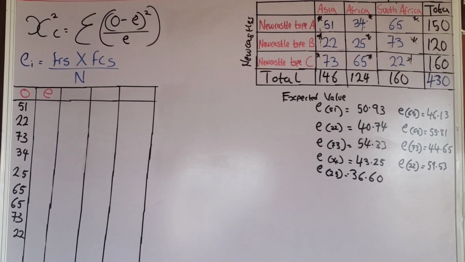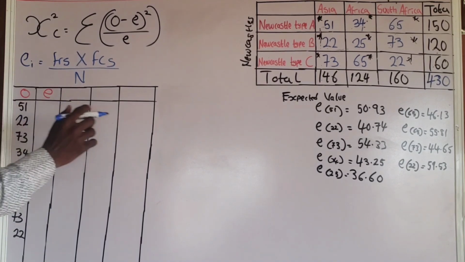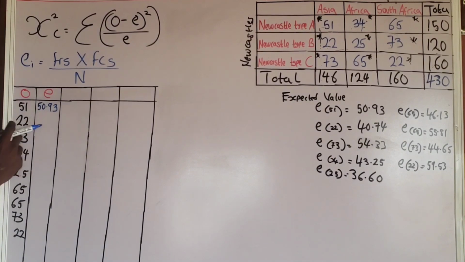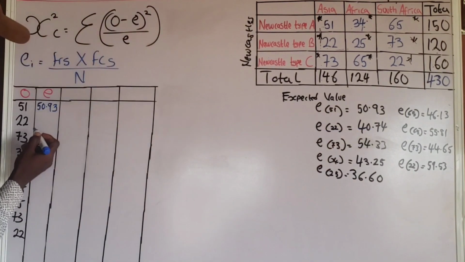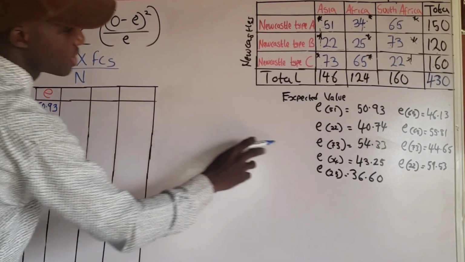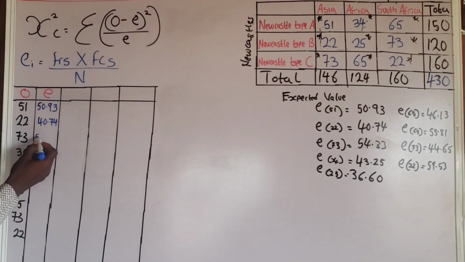Okay, so let us fill the column for the expected value. The expected value for 51 is 50.93. For 22, it is 40.74. For 73, it is 54.33.